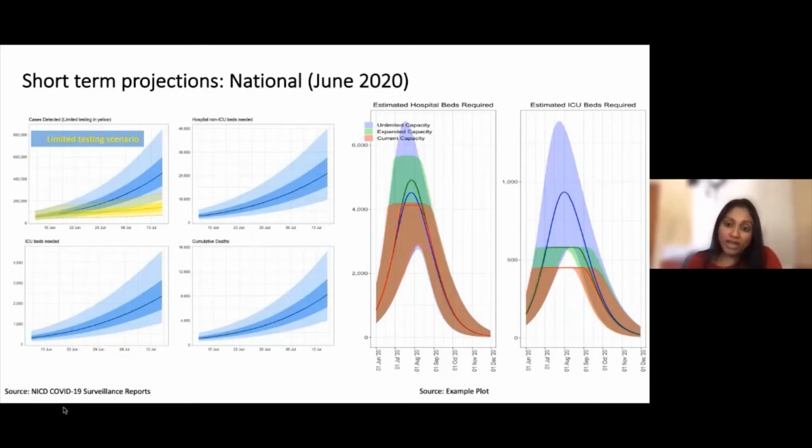What we have on the right-hand side is just an example plot to show the anticipated need in blue, against the impact of the currently available capacity and extended capacity once field hospitals, etc., would be in place for a particular area.